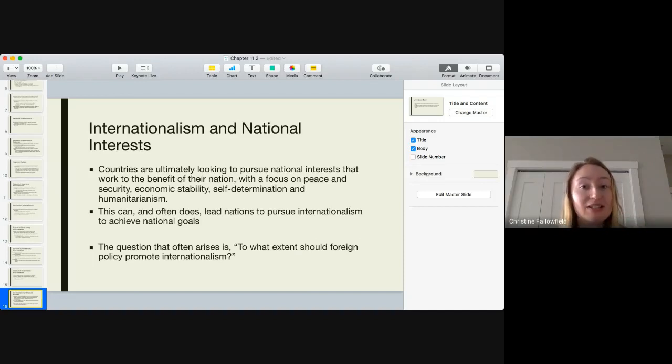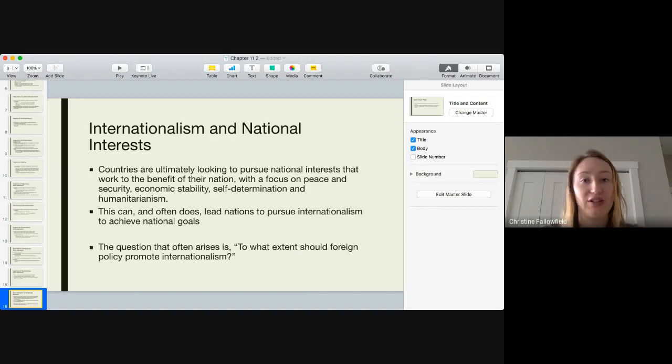Ultimately, countries want to make their national interests happen, and oftentimes this will lead to internationalism being pursued to achieve these goals. So the essential question that nations continually ask themselves is, how much foreign policy is the right amount for us?